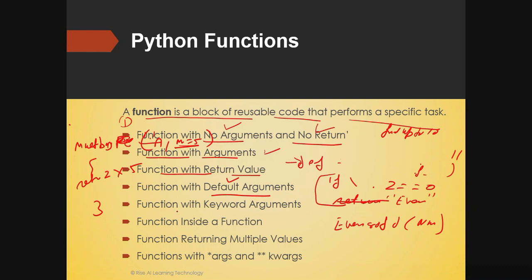The second thing is functions with keyword arguments. This is a very nice thing in Python. What is this basically? Let me take one example again, within this multiply method itself.